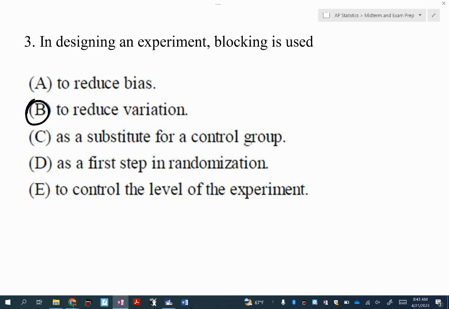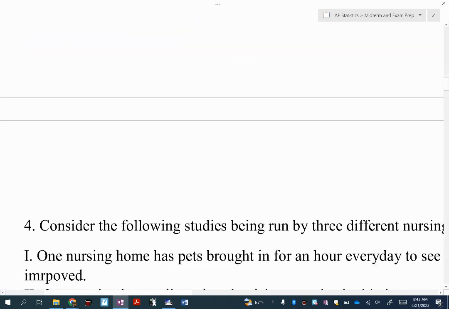So we first block based on gender and then run two separate experiments, within all the men and within all the women. If you notice there's going to be some type of difference, we should account for that with a block.